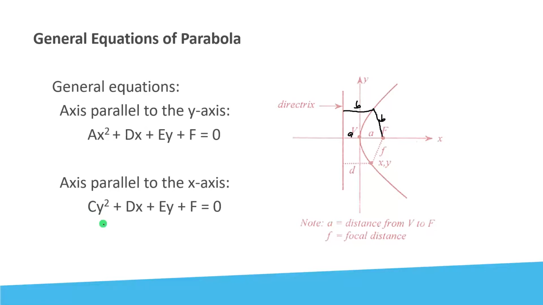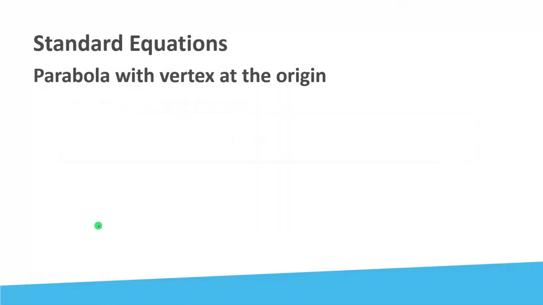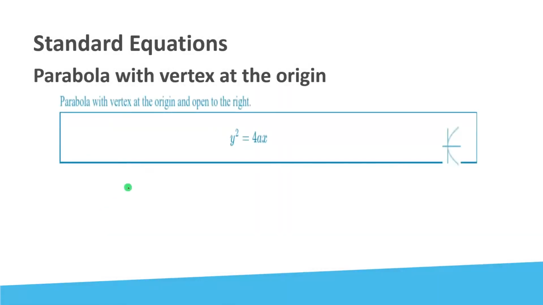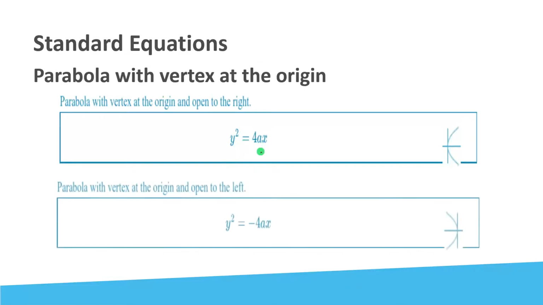Now, if the parabola is at the origin, here's your general equation. So if your vertex is at the origin, if it opens to the right, this is your equation. y squared equals 4ax. If it is going to the left, you have an equation of y squared equals negative 4ax.